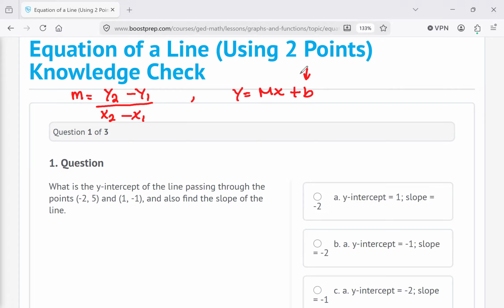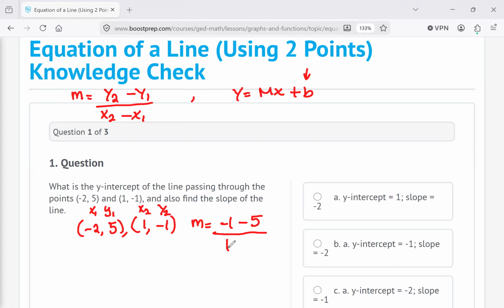Okay, so what I'm going to do is see the 2 points they give us, -2, 5 and 1, -1. I'm going to label these as x1, y1, x2, y2. And then I'm going to use the slope formula. So what is my y2? This is why I label it, so it doesn't get confused. My y2 is -1 minus my y1, which is 5.